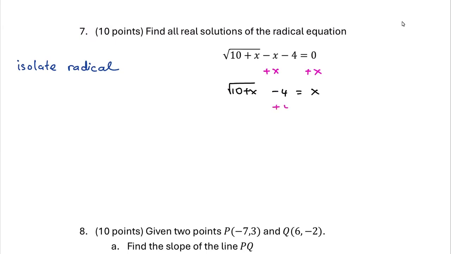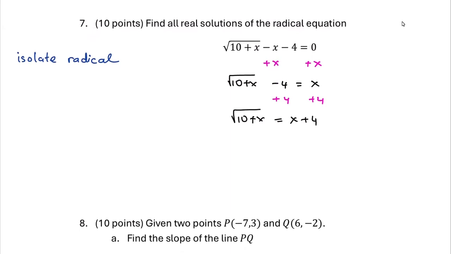We're not done yet though. We need to move the 4 also. So I get square root of 10 plus x equals x plus 4. All right. So let's write it here. Once the radical is isolated, I am going to square both sides.